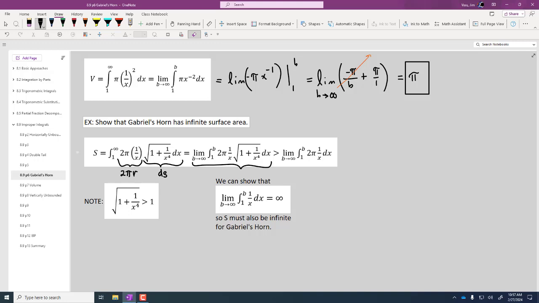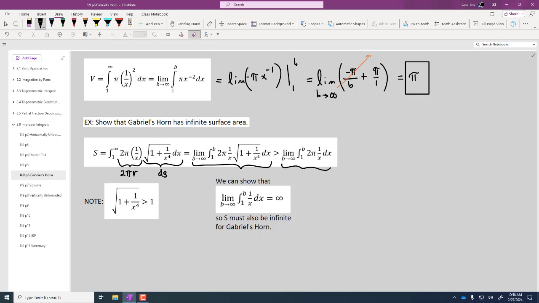Do you agree that this square root piece, if we take it away, that this inequality would be true? If we look at these two things, this piece right here is bigger than 1. Do you agree that that's bigger than 1?